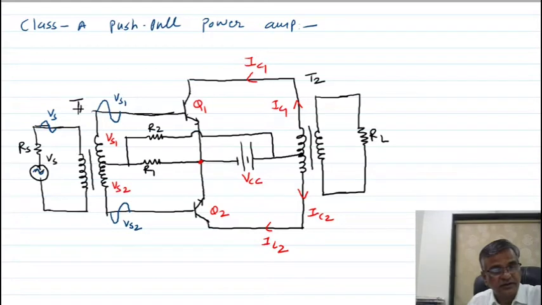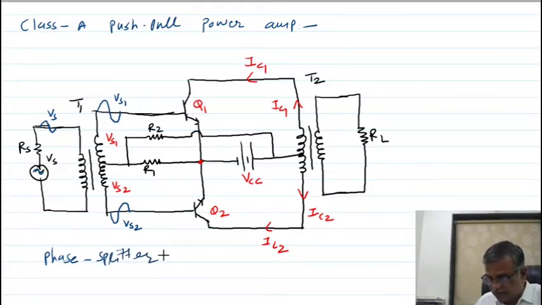Transformer T1 is known as a phase splitter. It splits this VS signal into two signals, VS1 and VS2, both having a 180 degree phase shift.